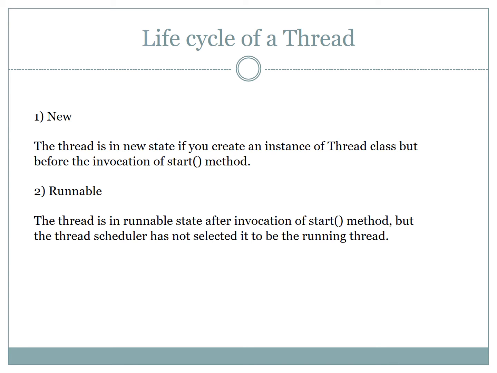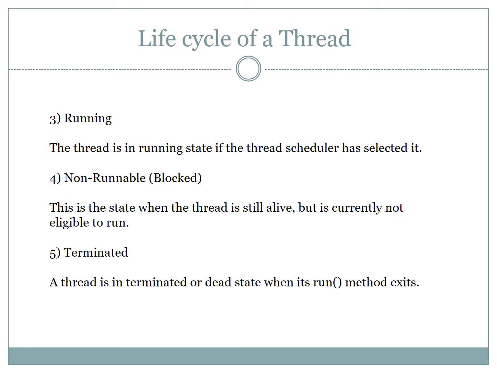Let's consider each and every thread state in detail. New thread: the thread is in the new state if you created an instance of the thread class, but before invoking the start method. Runnable state: the thread is in the runnable state after invoking the start method, but the thread scheduler has not yet selected it.